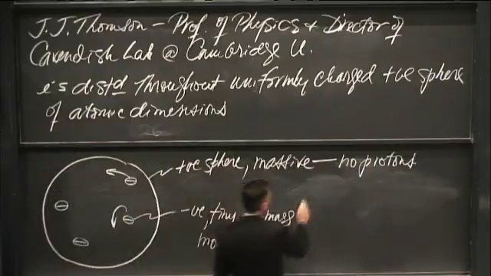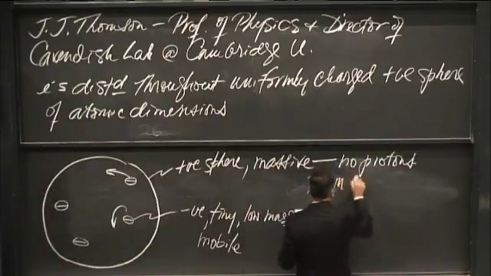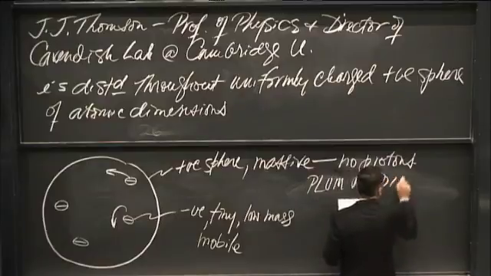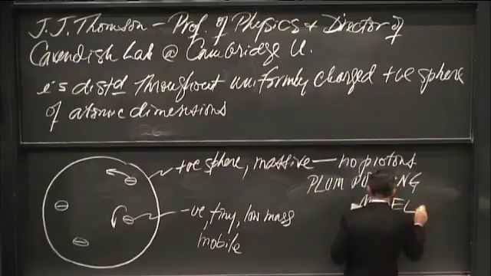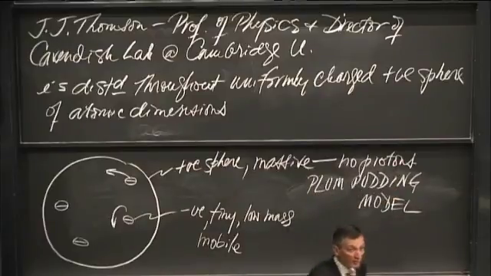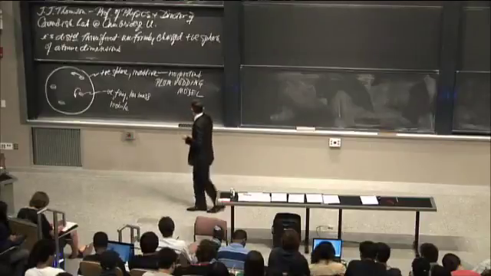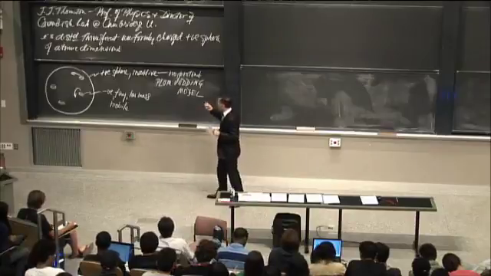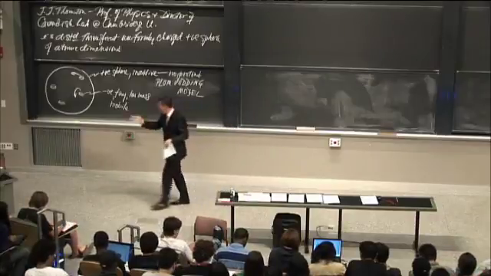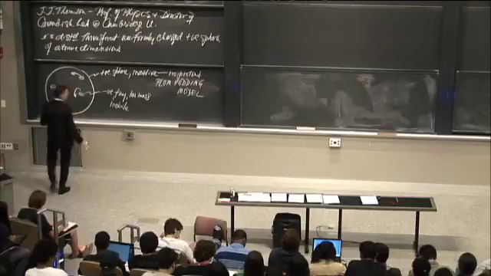And this was known as the plum pudding model. There's a big cultural bias here. Even though I grew up in British Canada, I never had this stuff. But my understanding is the plum pudding is a dish served at holidays, Christmas time.